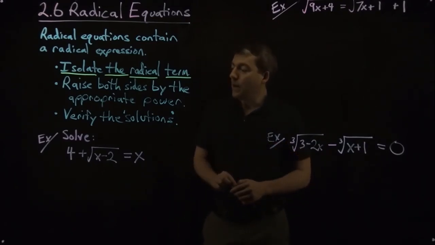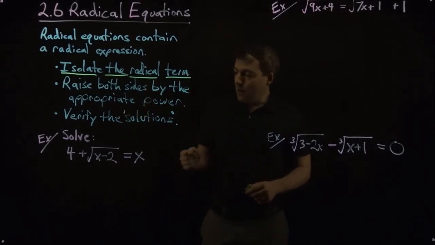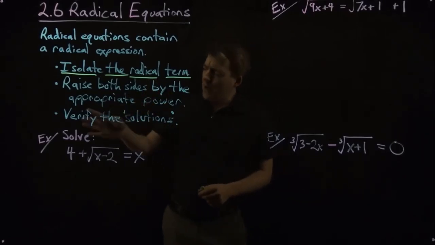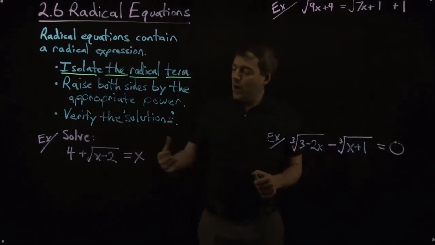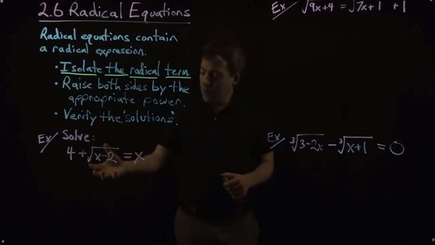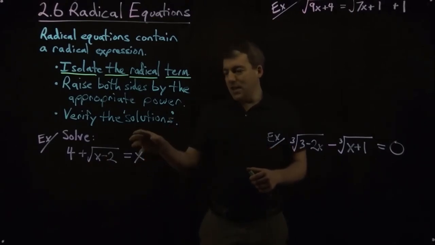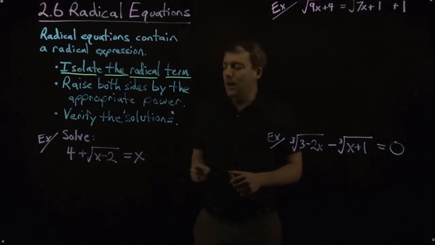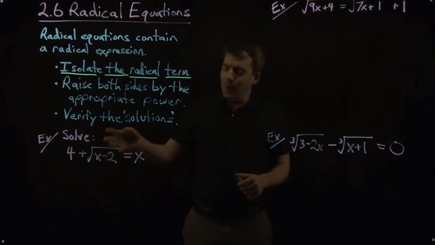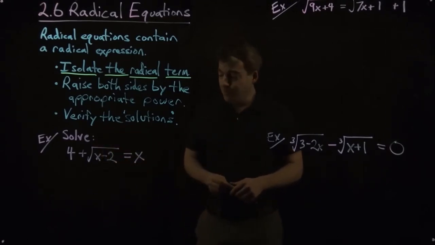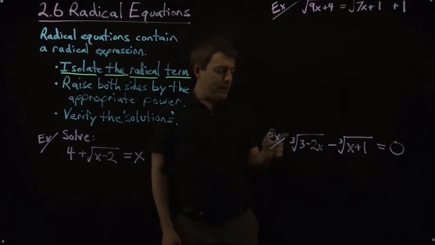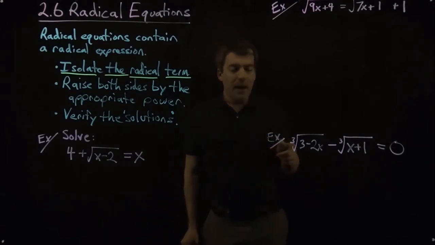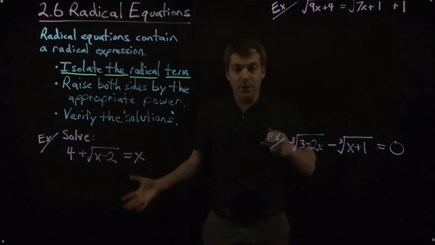All right. The last thing that we need to do, and this is also important, is to verify the solutions. If we have a square root, that limits the things that can be put under it, because we cannot take the square root of a negative number. Cube roots are not much of a problem because we can take the cube root of any number, positive, negative, or zero.